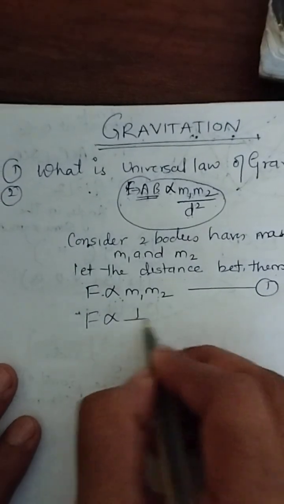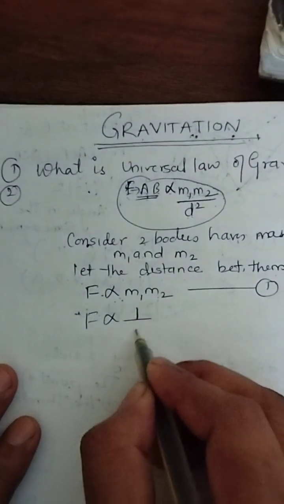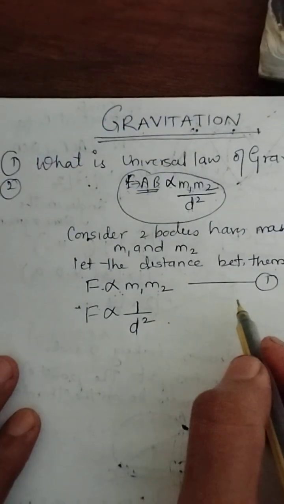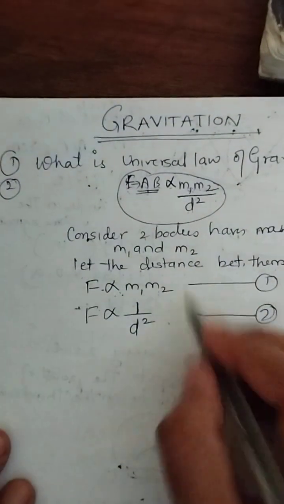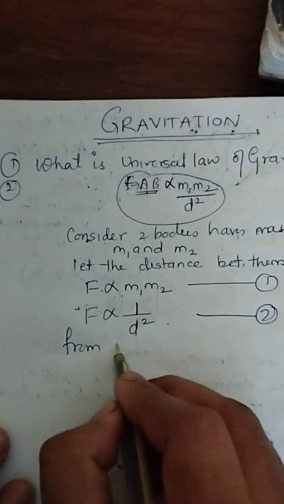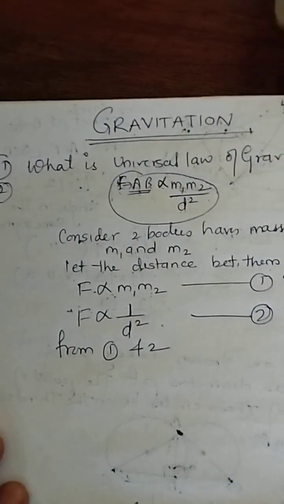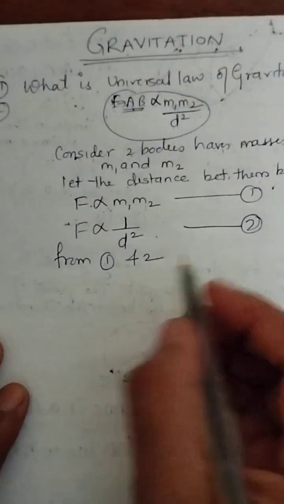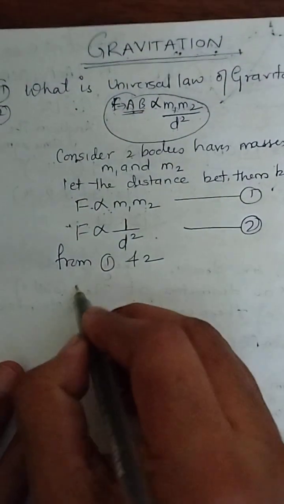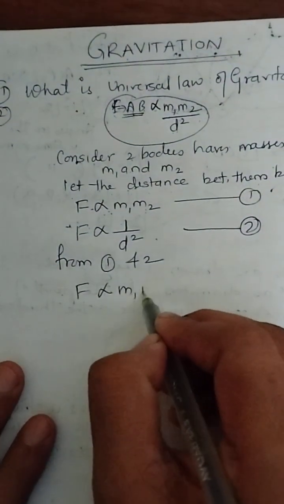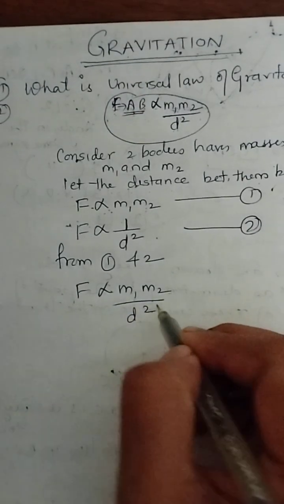So F is inversely proportional to 1 by d squared, because it is the square of the distance. This is the second one. Now combining 1 and 2, we get F is proportional to m1 m2 divided by d squared.